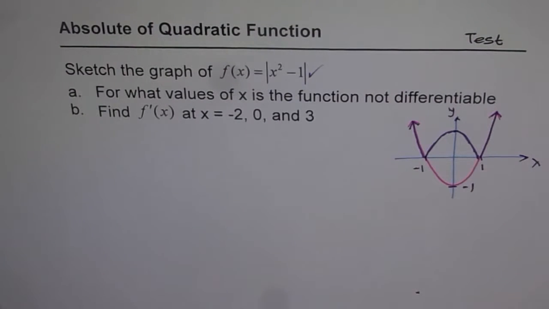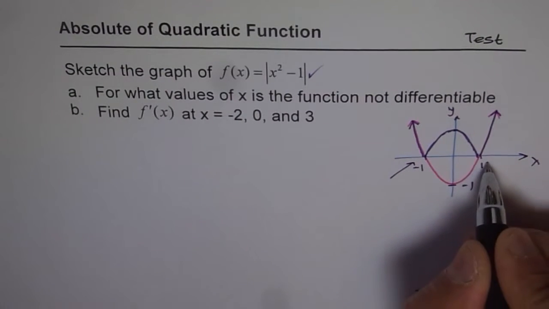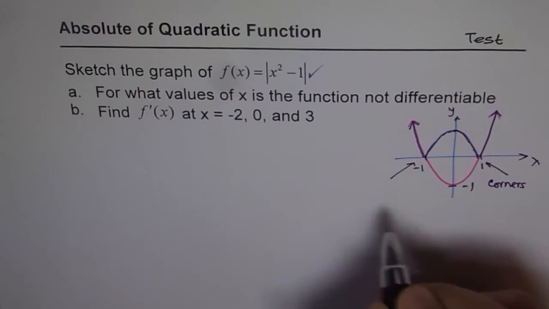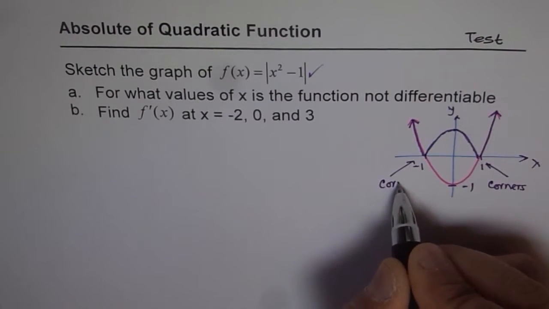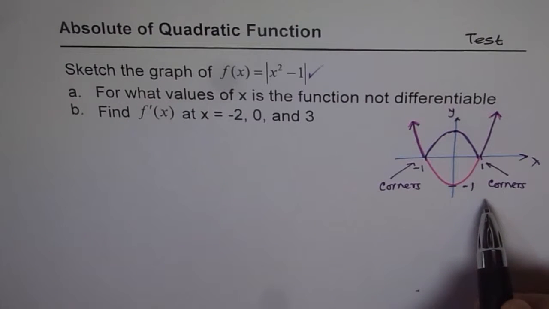Do you see that? Now straight away you notice one thing, and that is that there are corners here, correct? We have a corner here and a corner there. These are sharp corners. These are the points where the function is not differentiable, right?